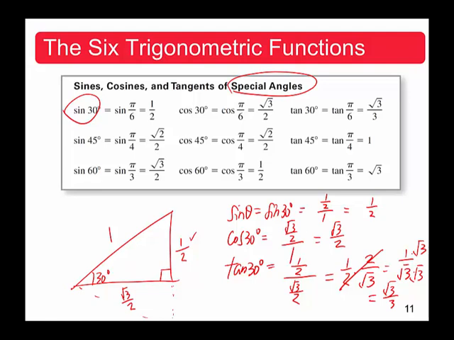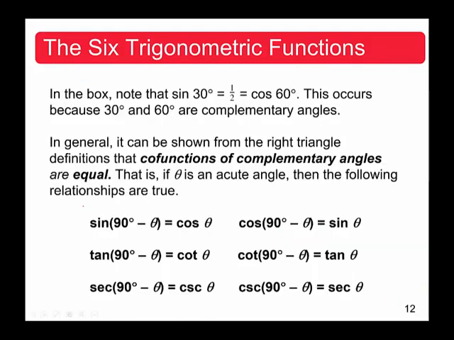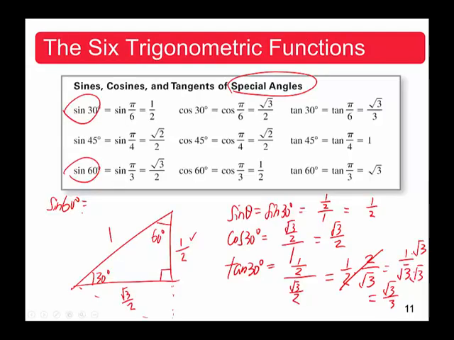And since we know this is 30 degrees, then the 60-degree angle is right here. So we can also find sine 60 degrees. Sine 60 degrees is opposite, radical 3/2 over 1. So it's radical 3/2.